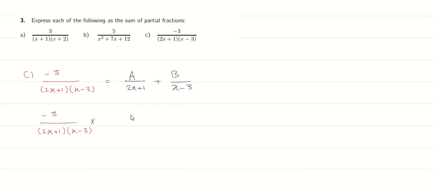I'm just going to multiply it by 2x plus 1 times x minus 3. And we're going to do the same thing to each of these terms. So it is a over 2x plus 1, and it's going to be multiplied by 2x plus 1 times x minus 3. And the last term, we had b over x minus 3, which is going to be multiplied by 2x plus 1 times x minus 3.